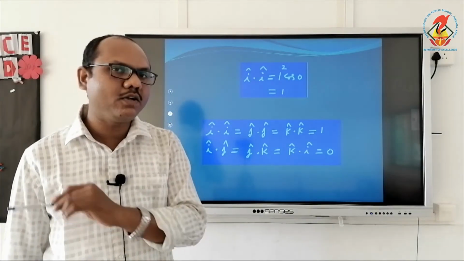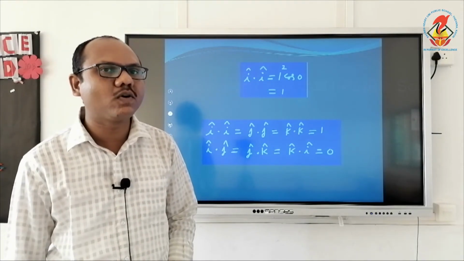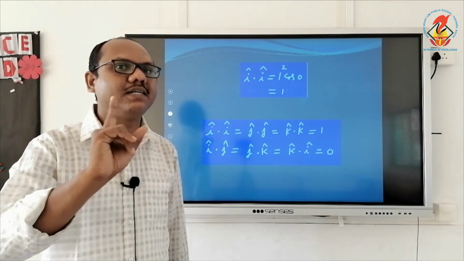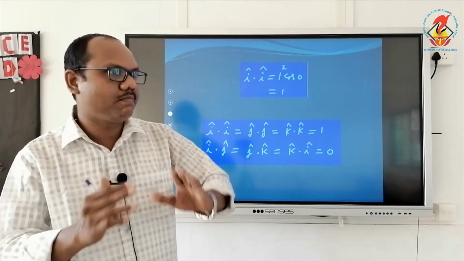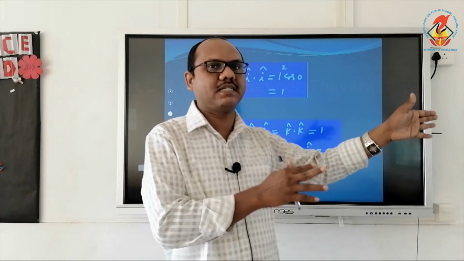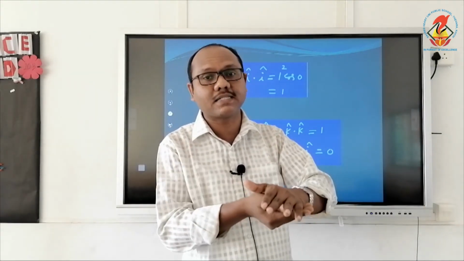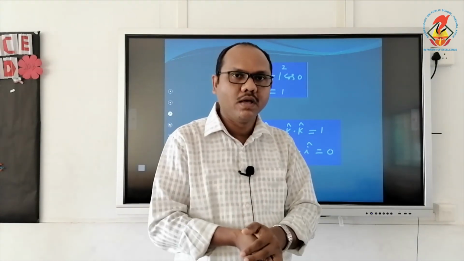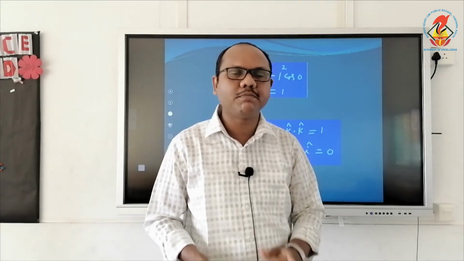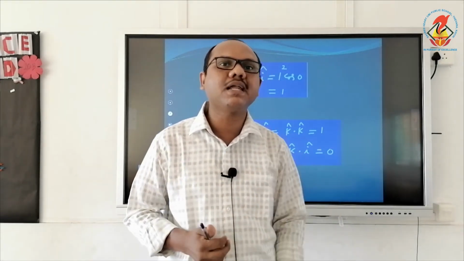So when we do the dot product, we only need to consider the like directions. That means multiply only x axis and x axis, no need to multiply x axis and y axis because the answer is 0. So whenever you do a dot product, multiply only the similar axes.